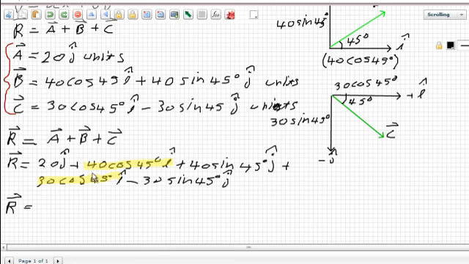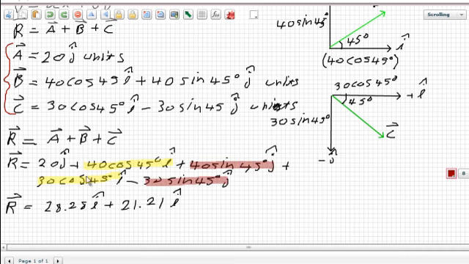So 40 cosine 45 degrees is gonna give us 28.28 i, plus 30 cosine 45 is gonna give me 21.21 i. And now what's left for us here are the j's. So here is one, here is another, and here is my third j.